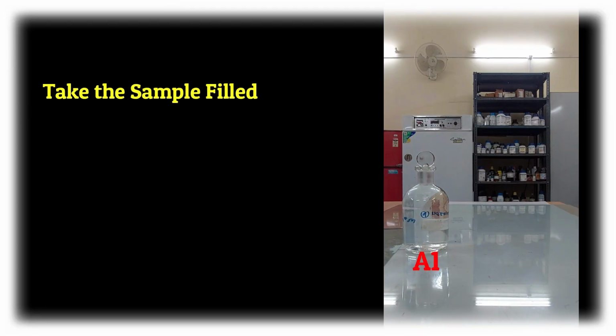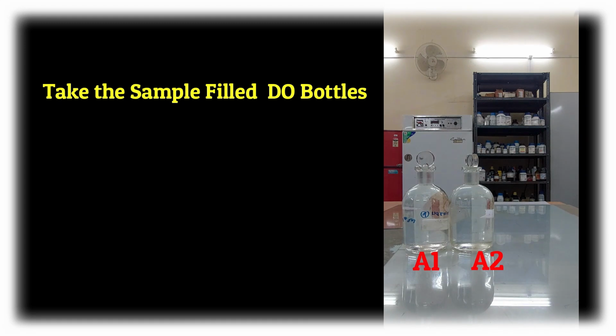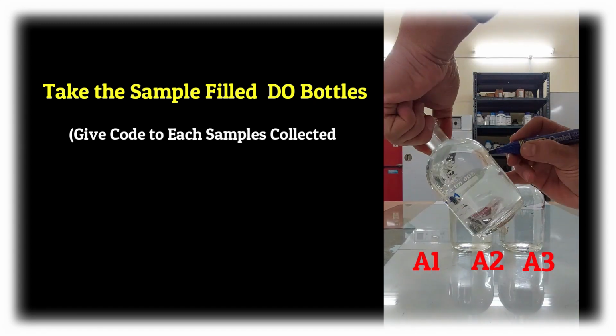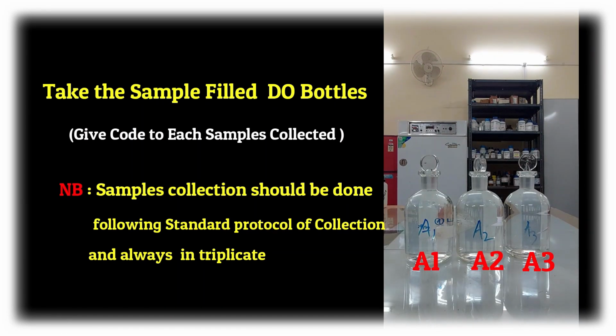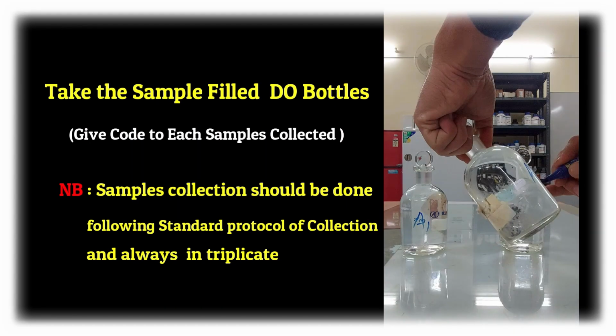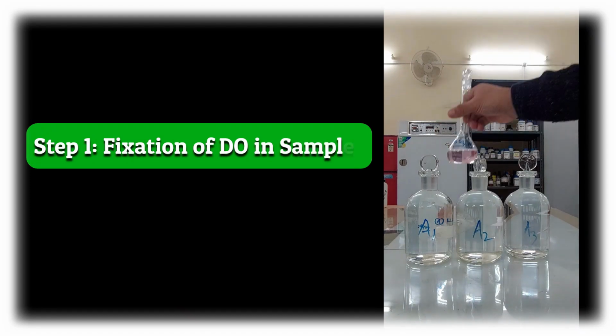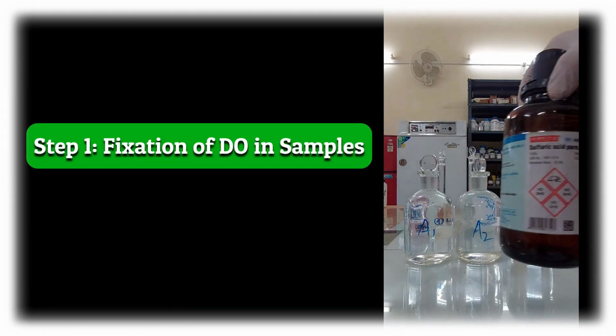Take the sample-filled DO bottles and make sure that each sample in triplicate is given a code, to avoid confusion in case you have a lot of samples to analyze. And the first step is the fixation of dissolved oxygen in the water samples.